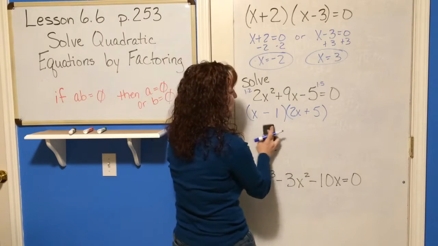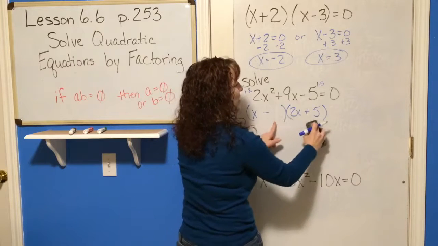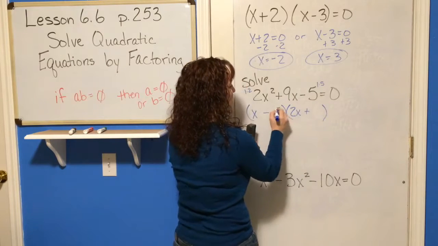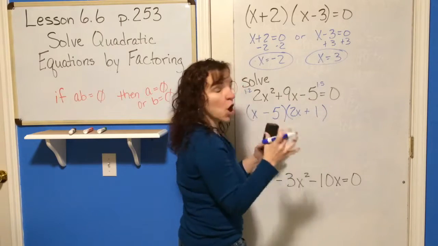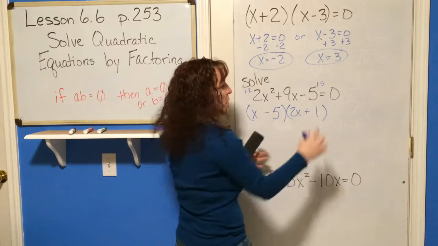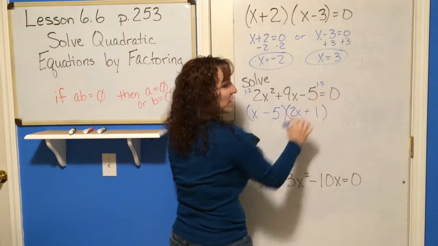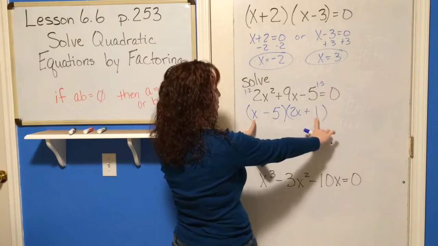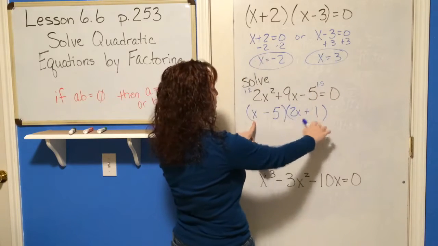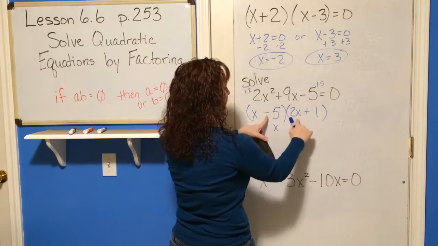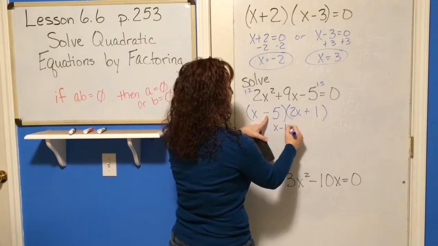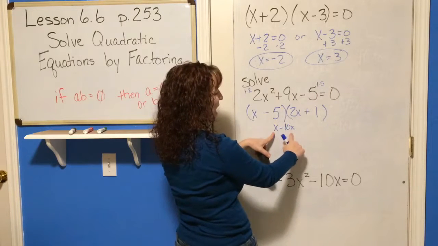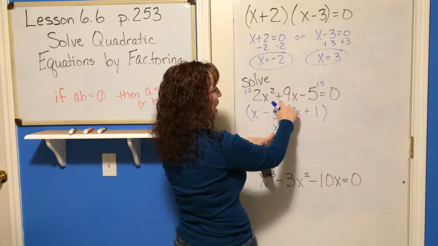So I'm going to erase these and just switch them: 5 here and 1 here, because I know those have to be those numbers, since that's the only thing I can multiply together to get 5. So now 1 times x is x, and -5 times 2x is -10x. That equals -9x, and I need a positive 9x.